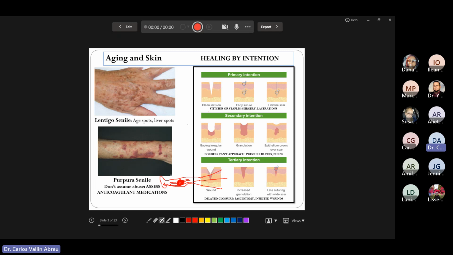So the artery is going to be compressed, is going to be strangled, and the blood is not passing. So there is no blood flow there. This is compartment syndrome.